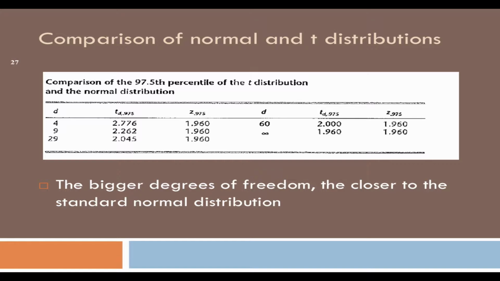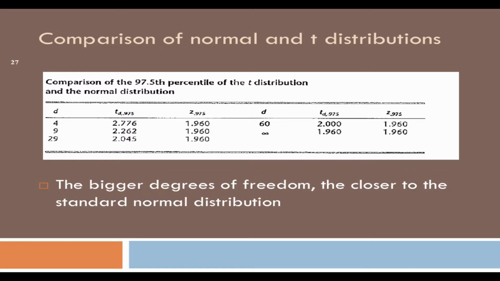Remember, the t-distribution has a heavier tail, which means the area in the tail is larger. So if you want to achieve the same alpha level, you do not need to be this close. You can be a little bit further out along this line to achieve a similar alpha, right?